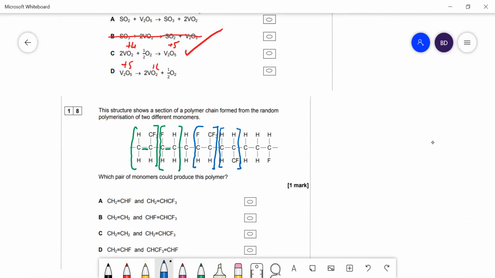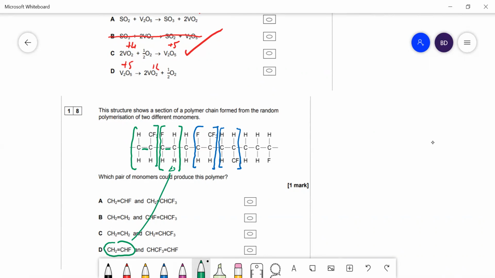Well, let's look at the green option first. Have we got that anywhere? It's quite easy to spot that one with just the one fluorine. Okay, so yeah, we've got that. Hang on a minute. That one there is that, and is this the other thing?